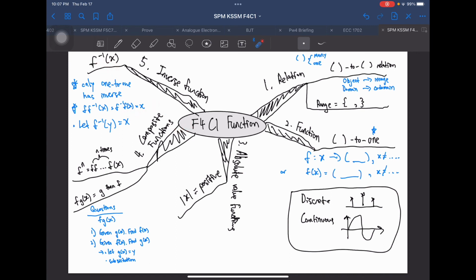Or if you have an original function, find the inverse of this function. So the starting point of this kind of question usually is let f inverse y equals x, and then you flip it, continue it, make x in terms of y or y in terms of x, you can solve it.